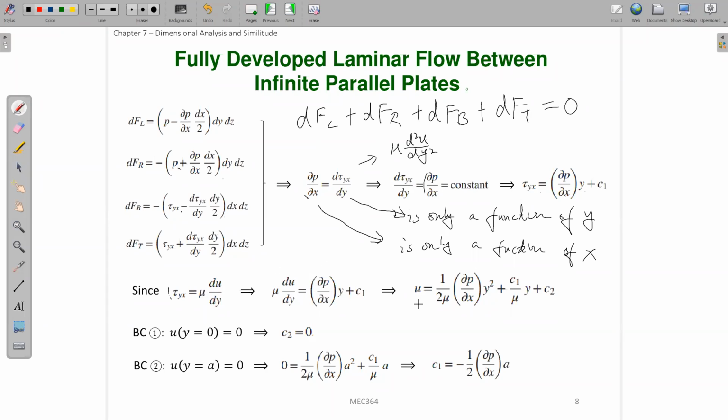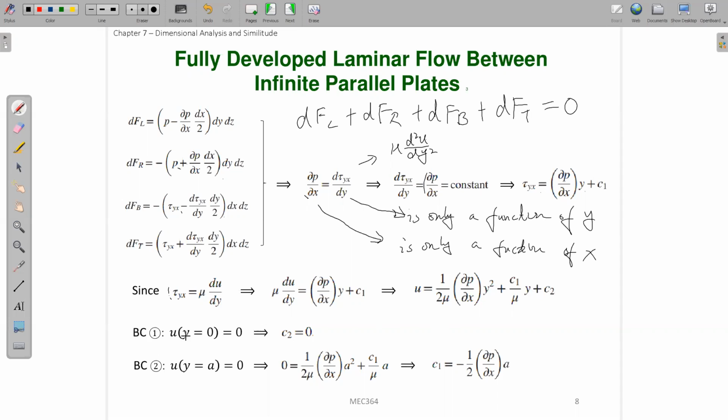So our velocity profile will be given by this one, and c1 and c2 are two unknown constants due to this integration, because we do the integration twice. These constants can be determined from the boundary conditions.